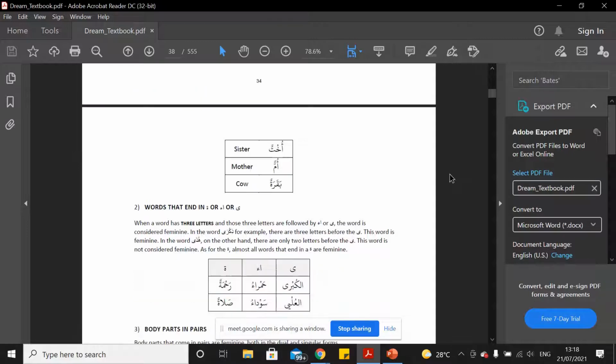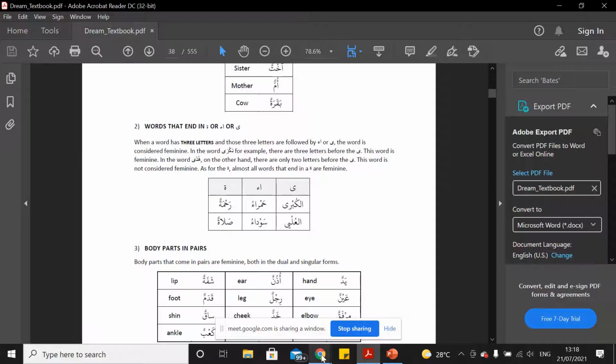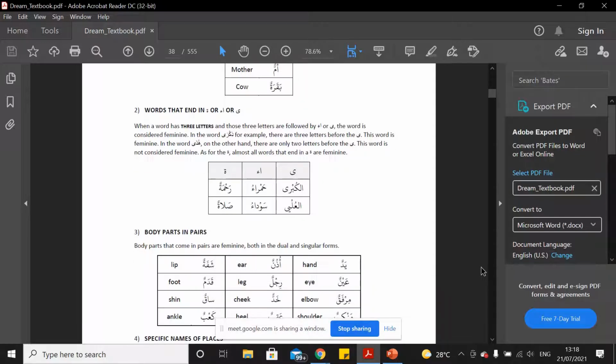Okay. Sister Parveen Maroof, are you okay with the feminine category of the words ending in ta marbuta, alif, hamza, and ya maksura? Yes, but I'm glad you explained the cow and the bull scenario because I wasn't clear about that. I thought we were talking only about human relations there.